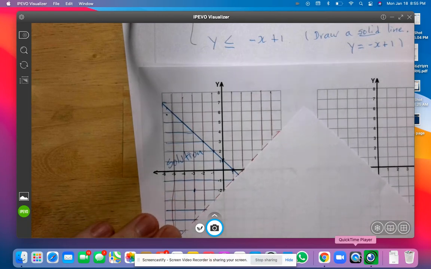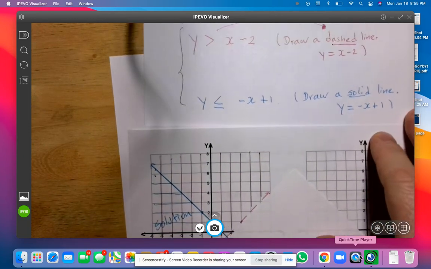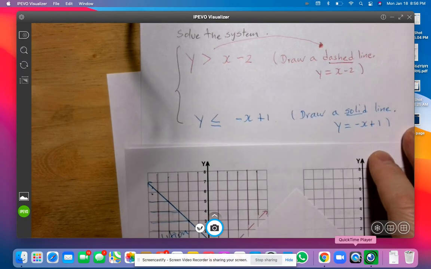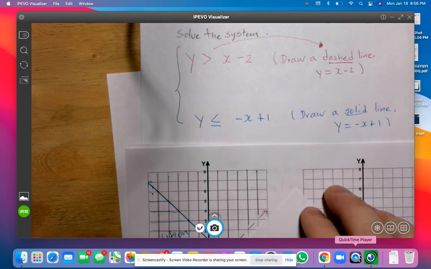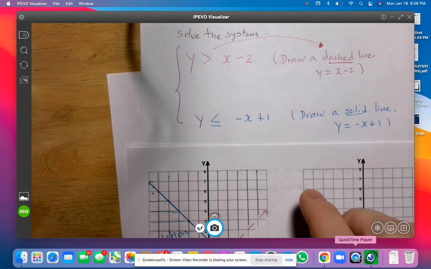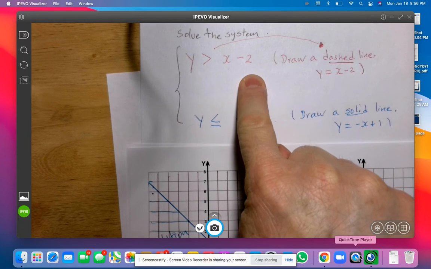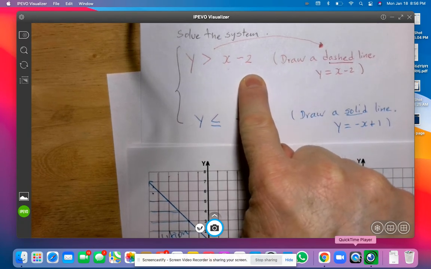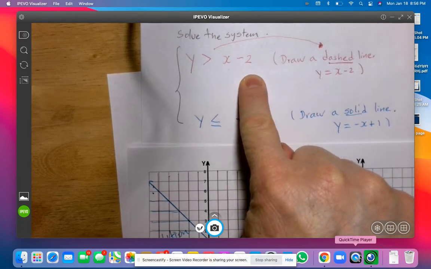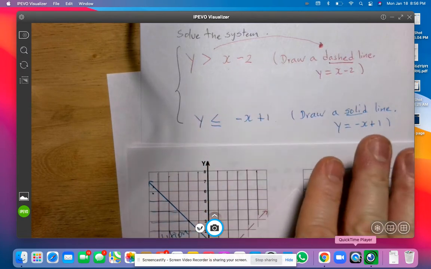In this video, I will teach you guys how to solve a system of inequalities, in this case, linear inequalities. We should be familiar by now with graphing an inequality, and if that is the case, this is actually a piece of cake.